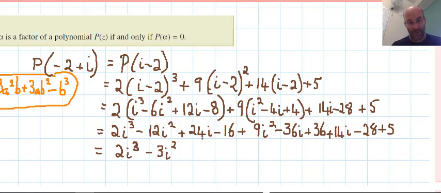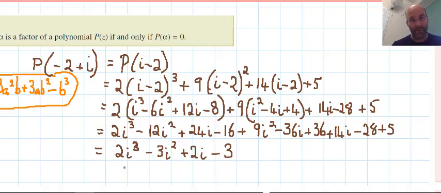We've got 24i squared take 36 is negative 24i take 36 is negative 12i plus 14 is 2i. And for the constants, we've got negative 16 plus 36, that's positive 20. Take 28 as negative 8, plus 5 is negative 3 or minus 3.